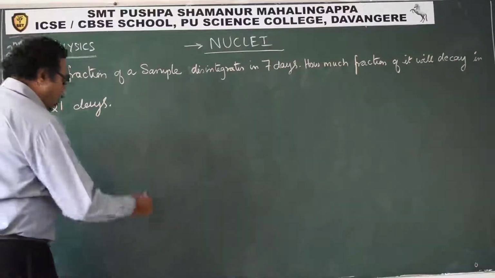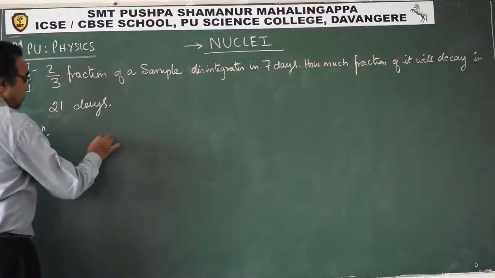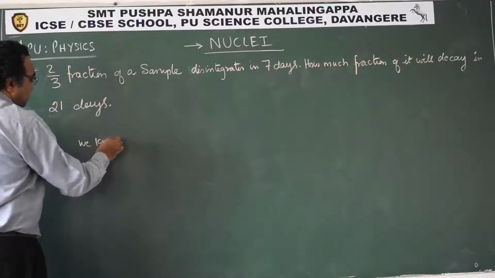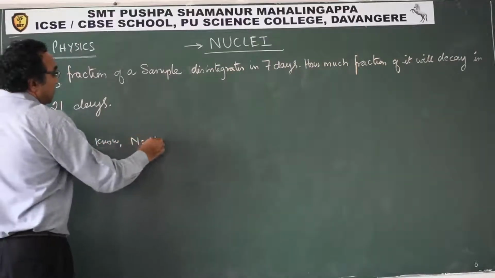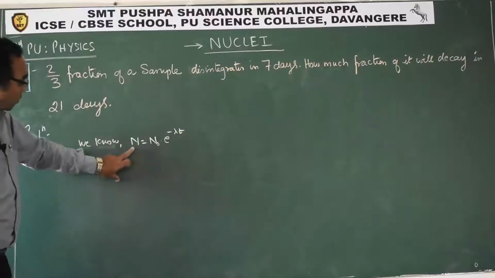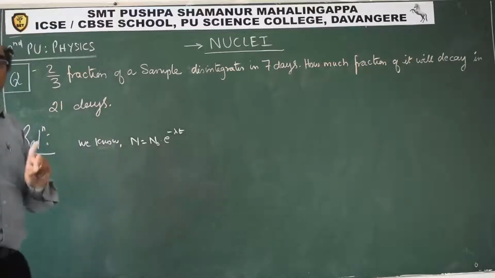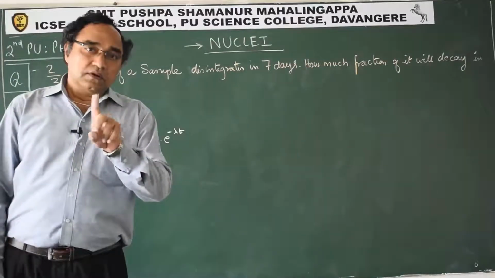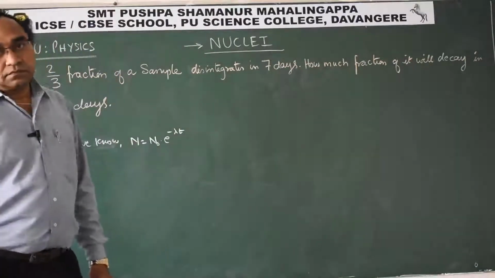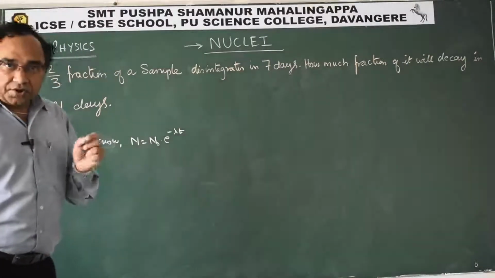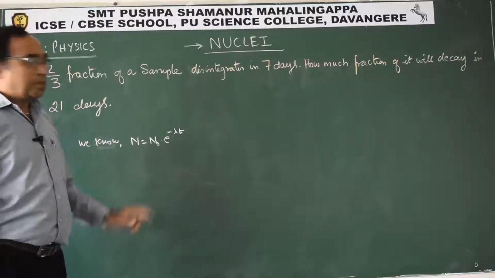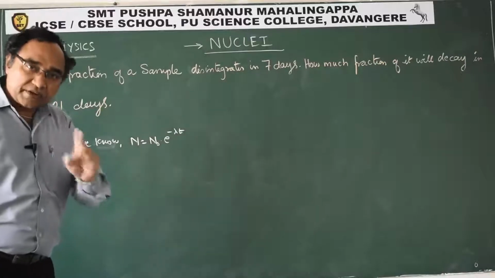Now here see, we know n is equal to n naught e raised to minus lambda t. What is this n? N is the number of atoms which is left out, not the number of atoms that got disintegrated. The number of atoms that got disintegrated is n naught minus n. N is the number of atoms which are left out.